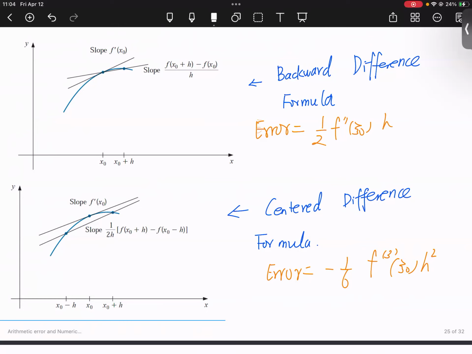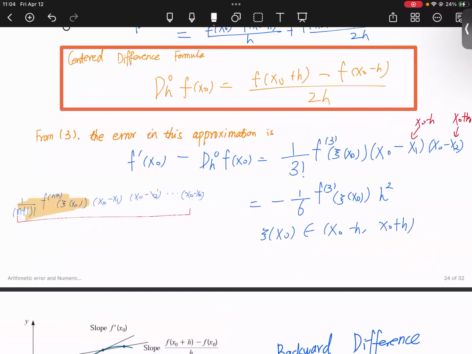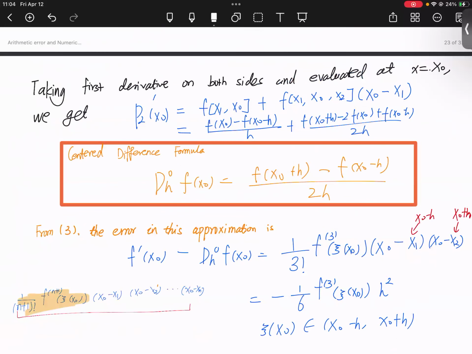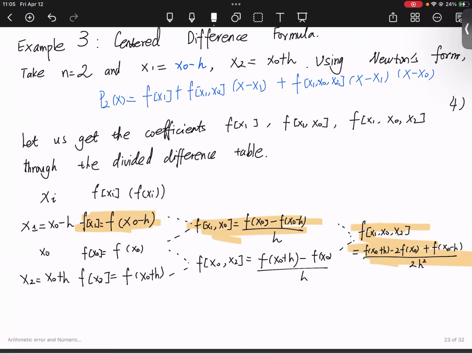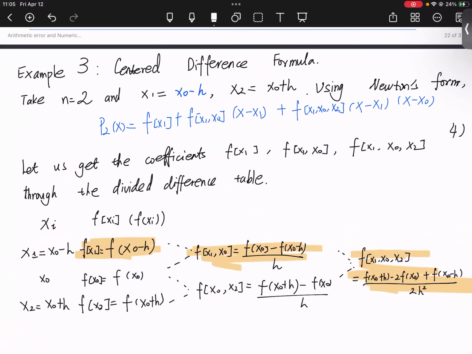And some students ask me that, what you have here is to use Newton's formula to derive the center difference formula, forward difference formula, and the backward difference formula. And one student after last class, from the 104A, he learned something similar to this in other classes.